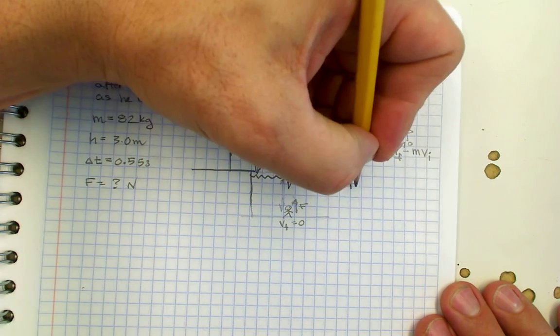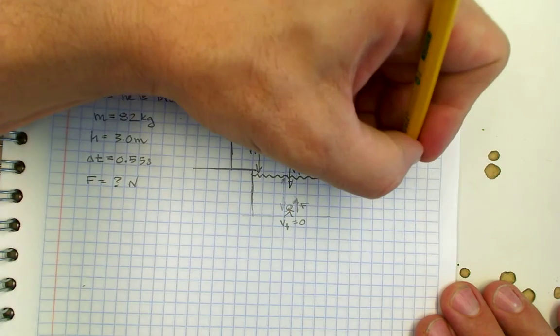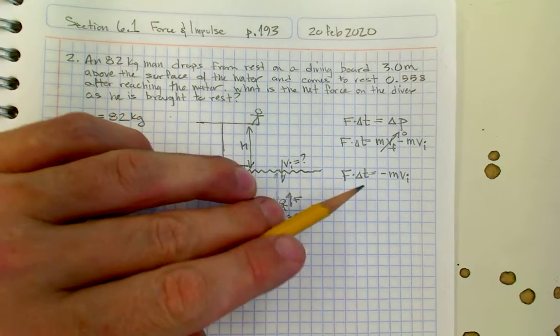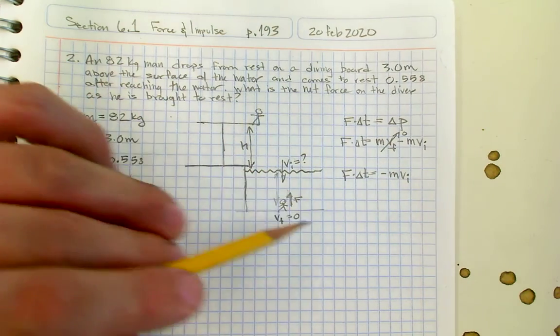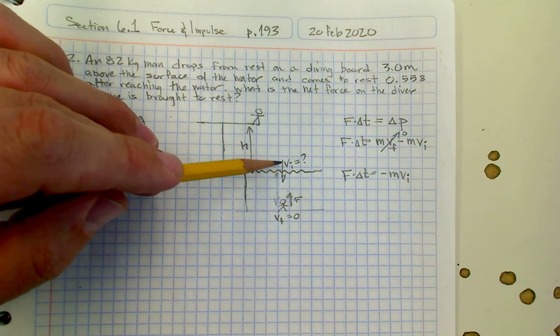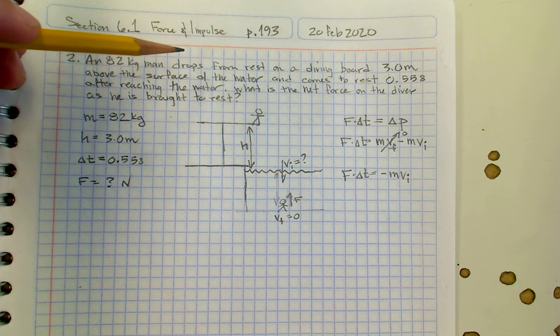So I can go further. F delta t is equal to a negative mv_i. And again, you can just notice that the purpose of the negative sign, or where that ultimately comes from, is that the force that's acting on this person to slow them down is in the opposite direction of the velocity.